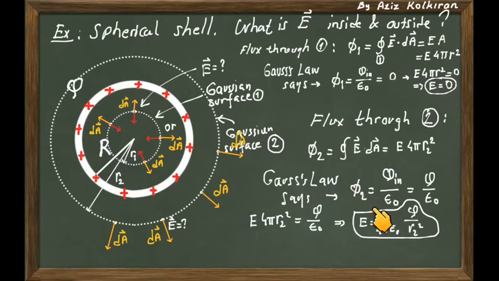Because the electric field is just k times Q divided by r squared, which is nothing but the electric field of a point charge. The result is very interesting. So at any point which has a distance r to the center of this spherical shell, the electric field is exactly equal to that of the point charge, all concentrated at the center, divided by this distance squared. So this is the way to calculate the electric field inside and outside of a spherical shell.